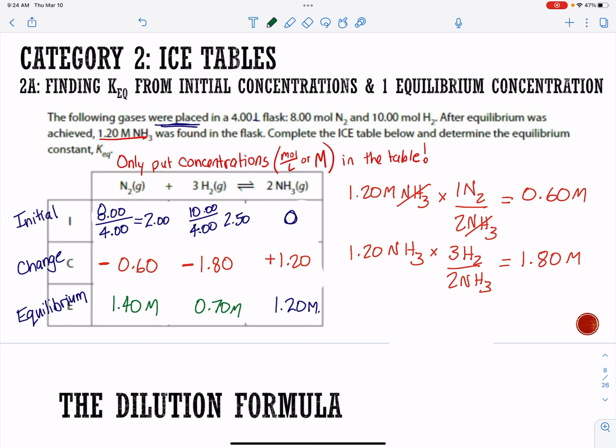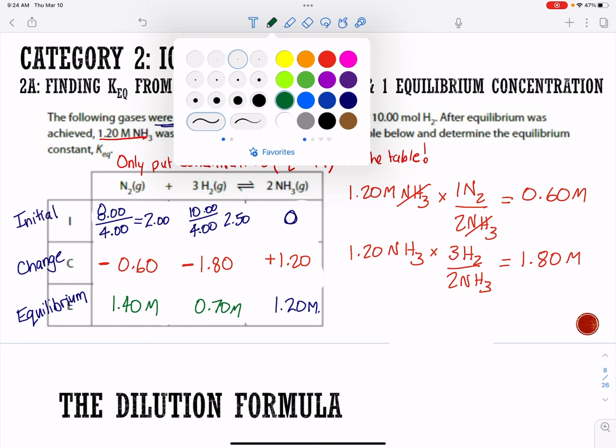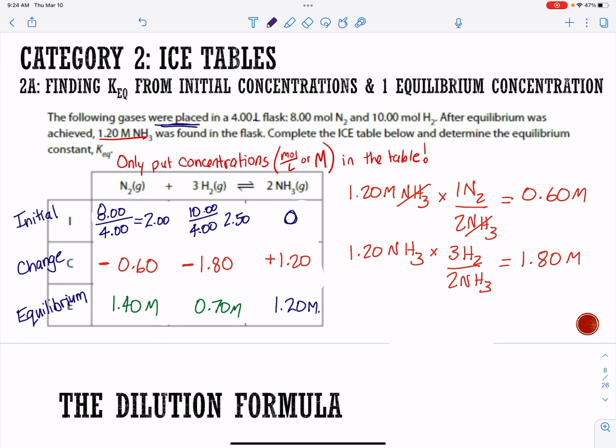Last thing it's asking us to do is calculate the equilibrium constant, KEQ. So our KEQ value is equal to the products over reactants. Get pretty used to drawing this out by now. And we're going to substitute and solve.